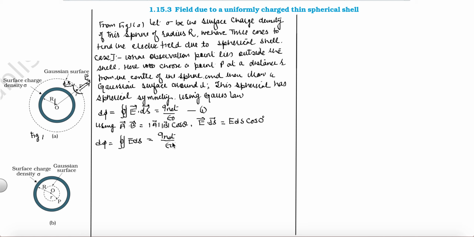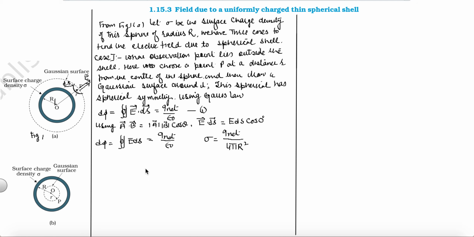Here, to find the net charge, we use the surface charge density sigma, which is the charge on the surface. If we only need the electric field, we need not worry about this part.